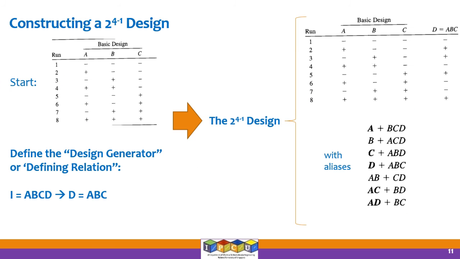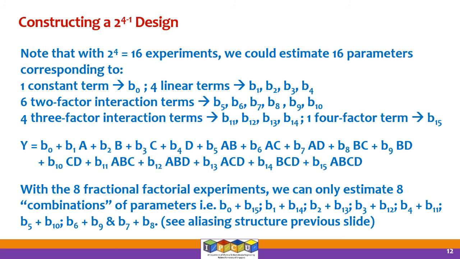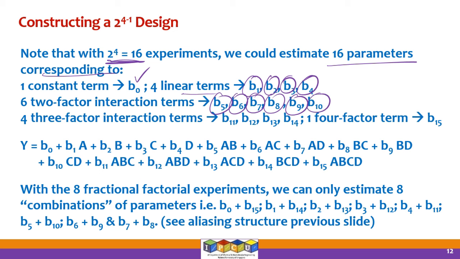So I'm just continuing from here, the 2 to the power of 4 minus 1 design. If I had done the full 16 experiments for the 4 factors, I could estimate 16 parameters if I wanted to. One constant term, the beta naught term in the model, 4 linear terms with coefficients beta 1, beta 2, beta 3, and beta 4, 6 two-factor interaction terms, beta 5, beta 6, beta 7, beta 8, beta 9, and beta 10 as regression coefficients.